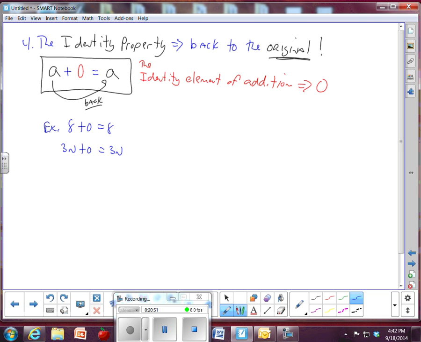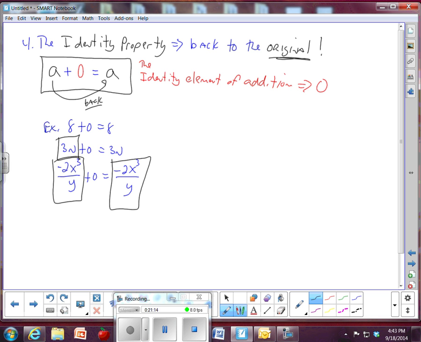We'll use these properties and apply them. Okay, you can have something even more complex. How about a negative 2x cubed divided by y plus 0? Well, you know what that's going to equal? A negative 2x cubed divided by y. In each of these cases, we are back to the original.